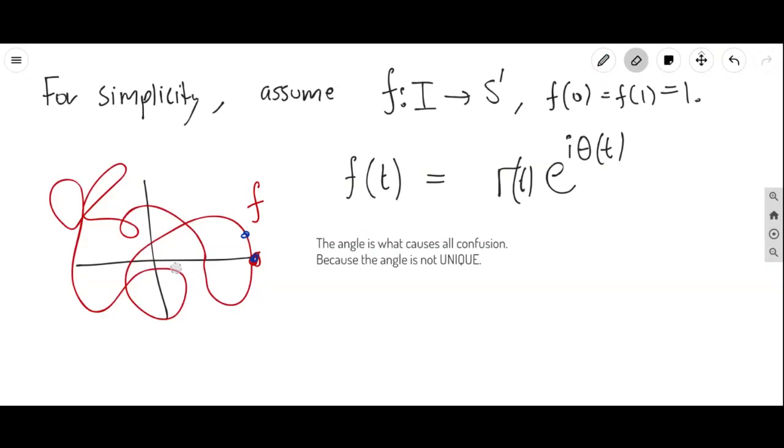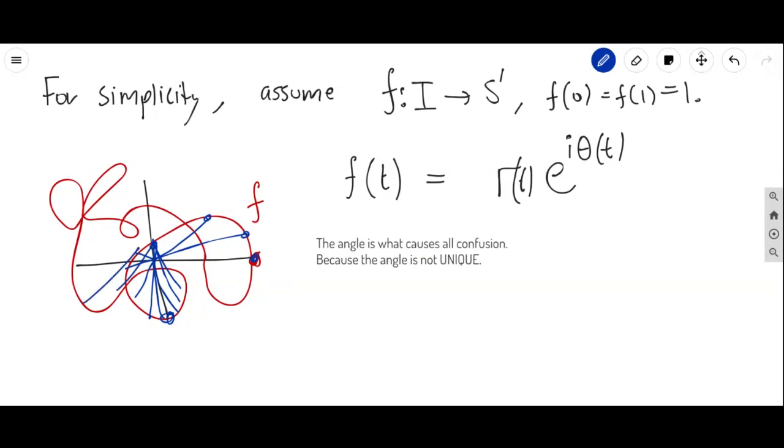We would say this angle is 0, this angle is, let's say, pi over 6, this angle is pi over 3, and this is pi over 2. Maybe this angle right here is 3 pi over 2, and then you have an angle there and an angle here. You keep on drawing all of these angles.